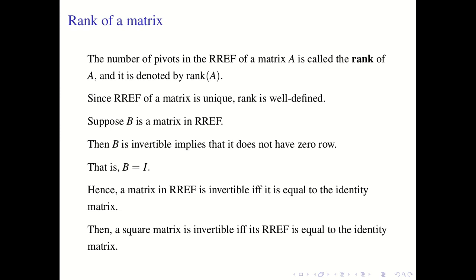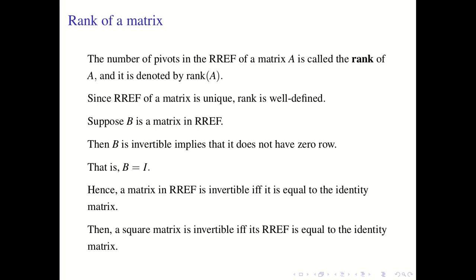So EA is the row reduced echelon form. If A is invertible, EA is invertible, but EA is in row reduced echelon form, and that is invertible if and only if EA is equal to identity, which means a square matrix is invertible if and only if A is E inverse. Therefore, A is invertible.